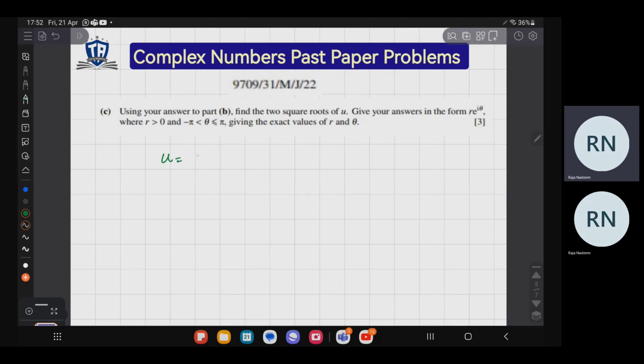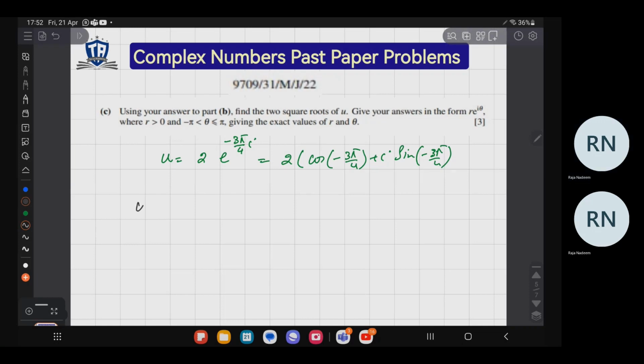From part B, we have found u is 2 e power minus 3 pi by 4 iota. If we write this expression in the form r cos of minus 3 pi by 4 plus iota sine of minus 3 pi by 4. To find the root of any complex number, we use this formula.